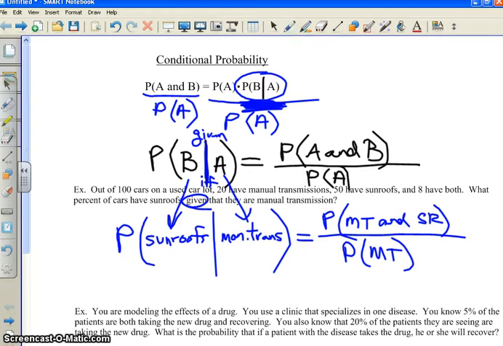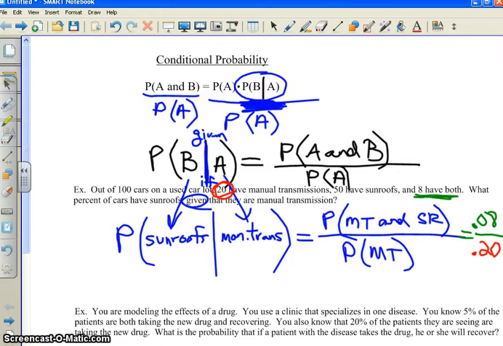So the probability that a car has both a manual transmission and a sunroof is right here. 8 out of the 100 cars, or 0.08, or 8%, whatever you want to call it. And then the probability that a car has a manual transmission, well, 20 of them have manual transmissions, and that's 20 out of 100, or 0.20, or 20%.